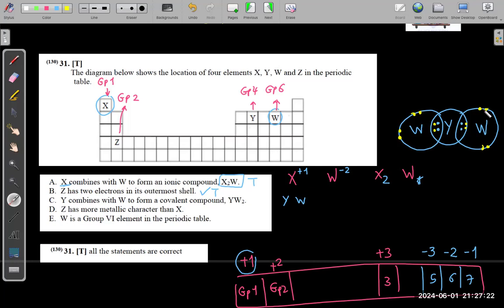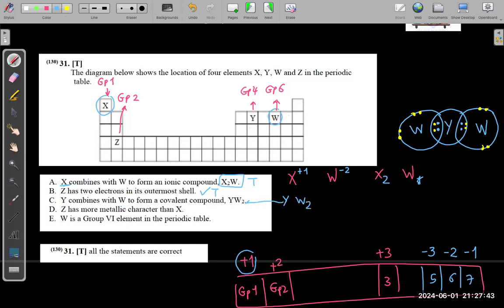Y has 4 blue electrons, but it will feel like it has 8. So now it becomes Y and 2 W's, so it becomes YW2.